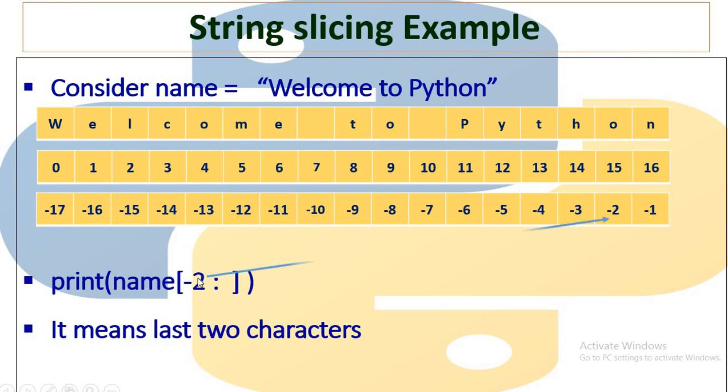So -2 means this index, and end is not mentioned, so end is our normal end, so it is going to print the last 2 characters. So remember, if negative index is mentioned in the start, the string will print from that index in the right direction. String will not print in the left direction. So it will print ON.